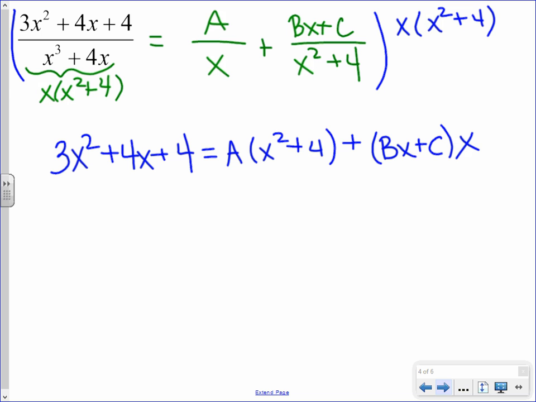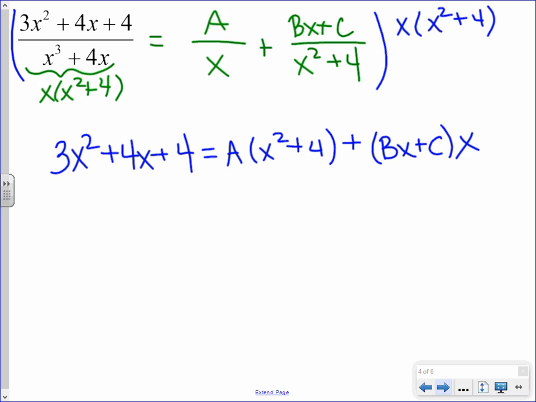Okay, now here's the trouble when we work with partial fraction decomposition and we have a quadratic denominator. If we try to do the method from before, where we pick values to make our factor 0, we can do that here.